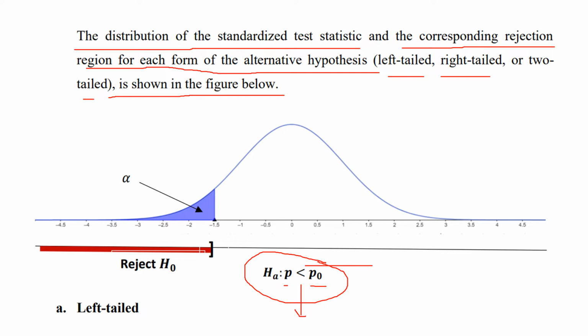So the rejection region here is in the left tail of the normal curve. Once your computed value falls somewhere here in the shaded region, you're going to reject your null hypothesis. What if your computed value falls somewhere here? Then you're going to accept your H0, or your null hypothesis, and reject your alternative hypothesis.